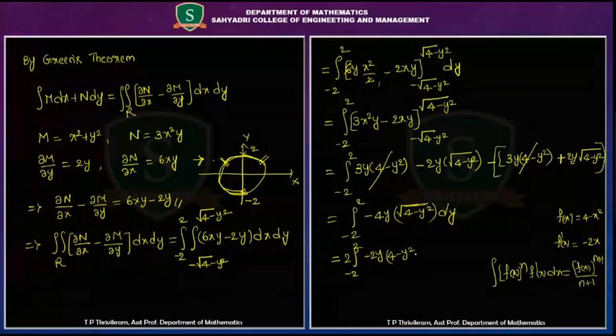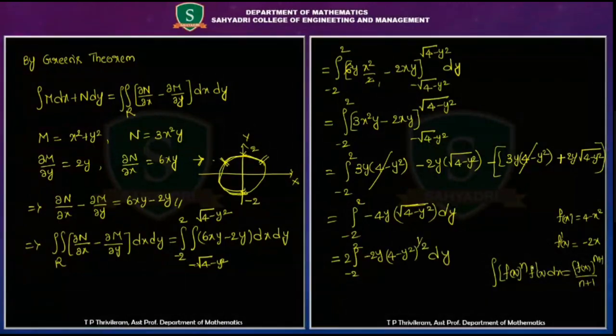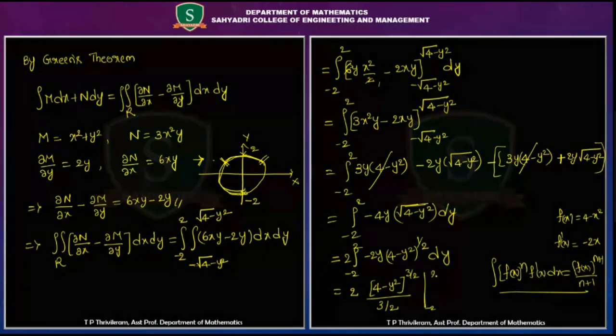I am taking it as f of x whole power 1 by 2 dy. So in this manner I have written this. Now apply the integration. So I'll get 4 minus y square whole power 1 by 2 plus 1. So that means 3 by 2 divided by 3 by 2. Having the limits from minus 2 to 2.